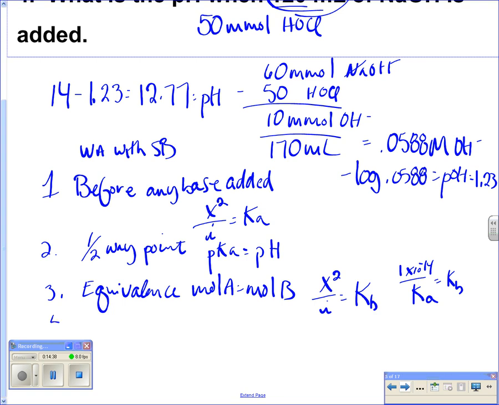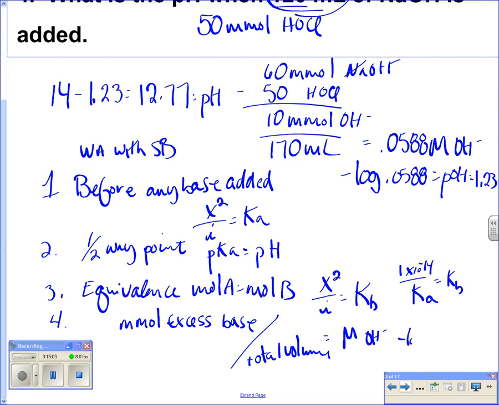And then number 4, this is when I'm totally neutralized, and so I can use my millimoles remaining excess of the base divided by the total volume. That's going to give me the molarity of the OH minus.